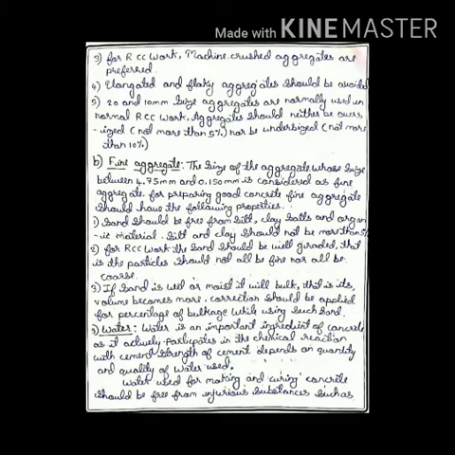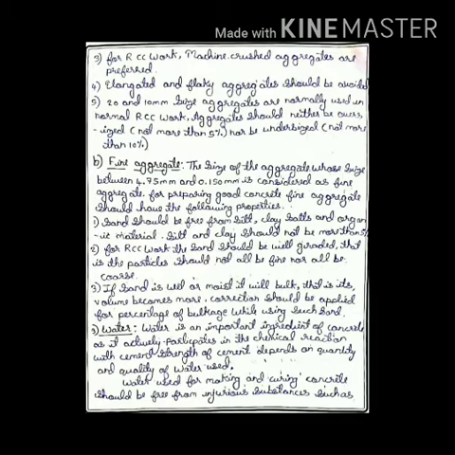Elongated and flaky aggregates should be avoided as much as possible. 10 mm and 20 mm size aggregates are normally used in RCC work. Aggregates should be neither oversized nor undersized. So these are the properties of coarse aggregate.